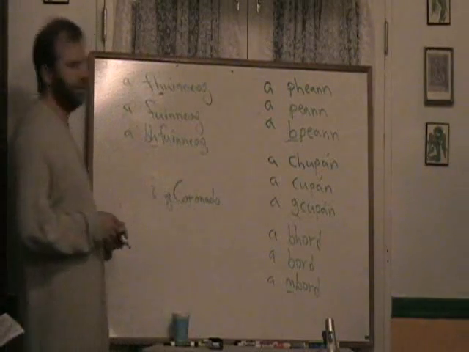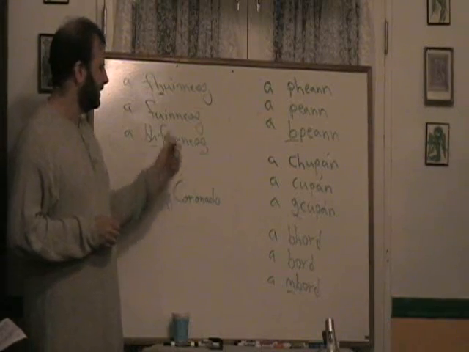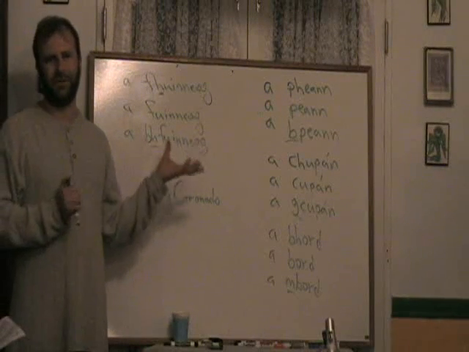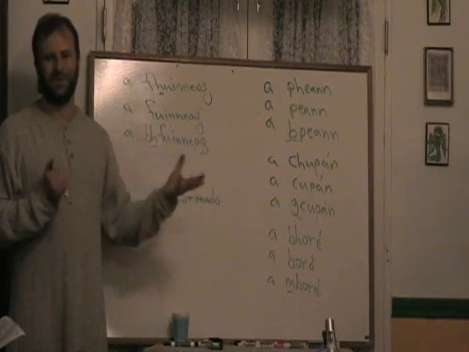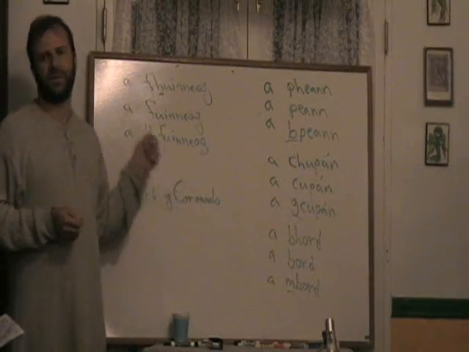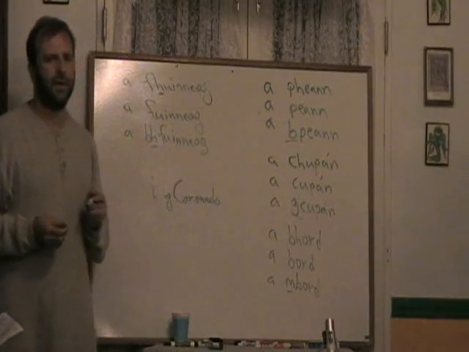So if I ask you how do you say his cup, it's a Gupan, because a C always takes a G. Whenever you do eclipsis on it, it's always the same letter. You just have to know which letter goes with which. So C's always get G's on them. P's always get B's.